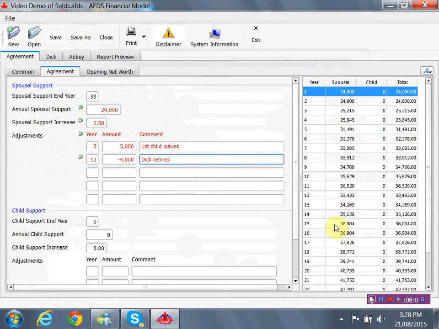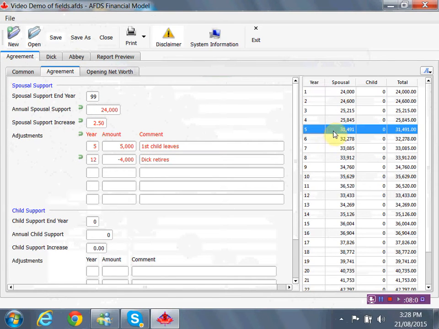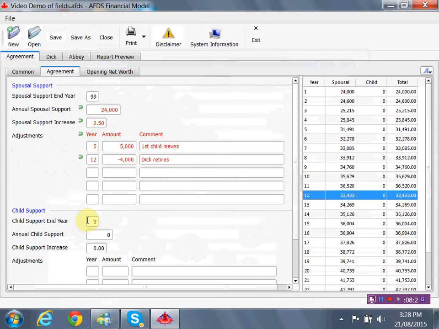And all this you can see on the graph. So here you're seeing your 24,000 start, the increase being applied. Year 5, though, it jumps to an extra 5,000 because the child support's been reduced. We go down here, we see that the $4,000 reduction because Dick retires is applied.